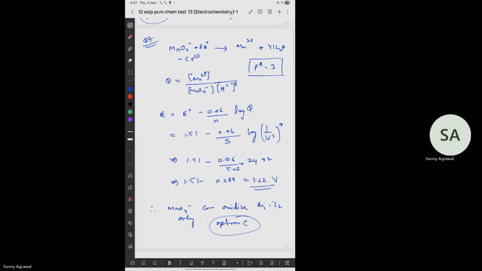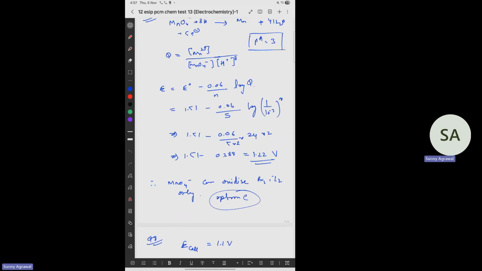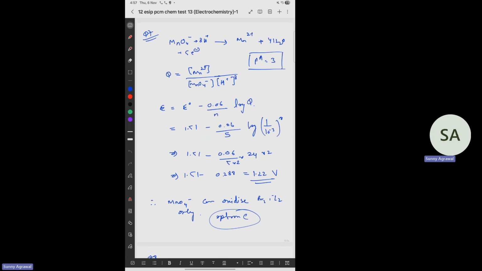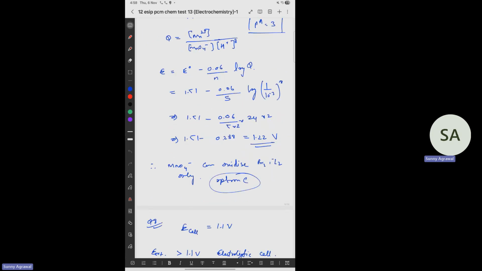Q for this reaction is given. That will be Mn plus 2 concentration upon MnO4 minus concentration into H plus concentration to the power 8. Remember that for this question, we can consider Mn plus 2 and MnO4 minus concentration similar, and Q can be represented by H plus concentration.